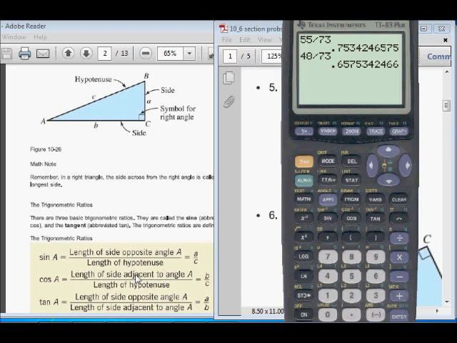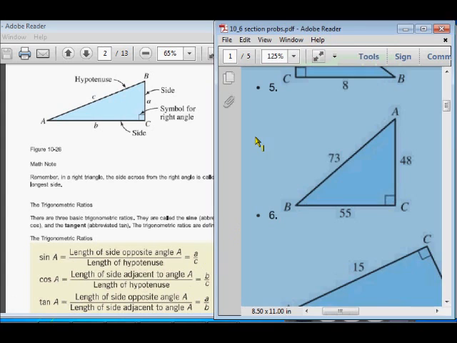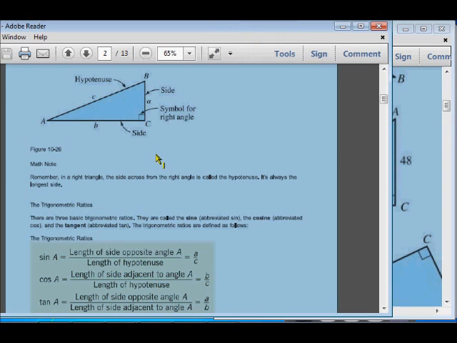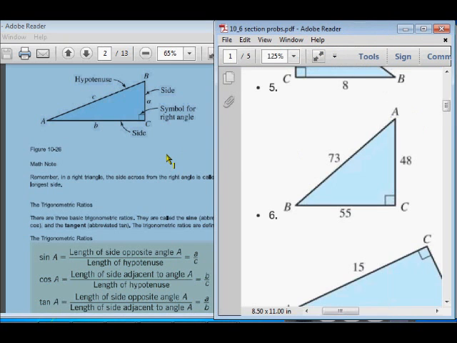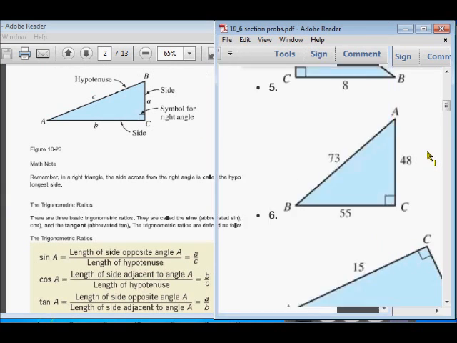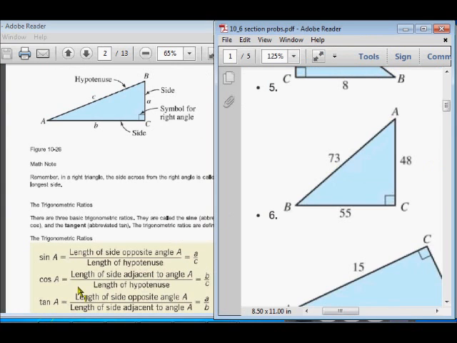Last thing we have to do is the tangent, which is not going to be too much different than what we've been doing here. And what's with the blue stuff? Who knows what this blue stuff is? Oh.